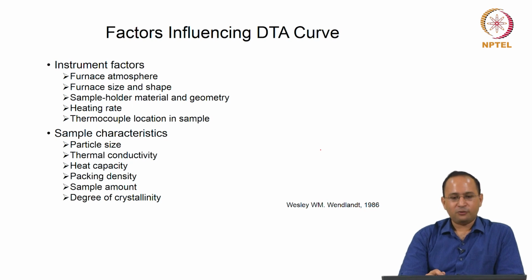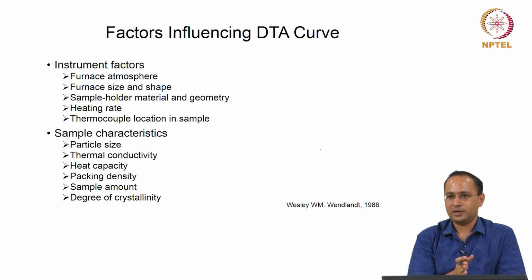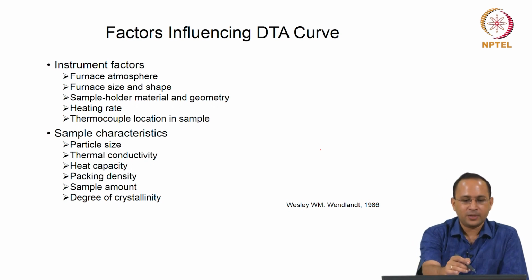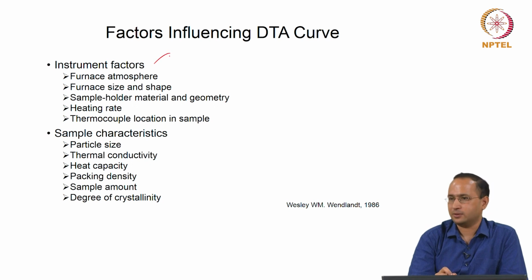Now let us look at the factors which influence the DTA curve, right. We know how to measure the temperature using thermocouples, and different processes, so we get a typical curve. Now it is important to know what factors can influence your DTA curve. If you carry out an experiment, it is important to look at that. There are a lot of instrument factors, like furnace atmosphere.